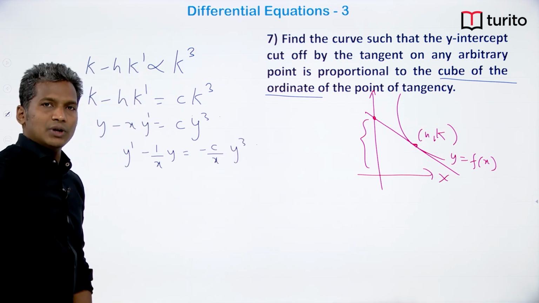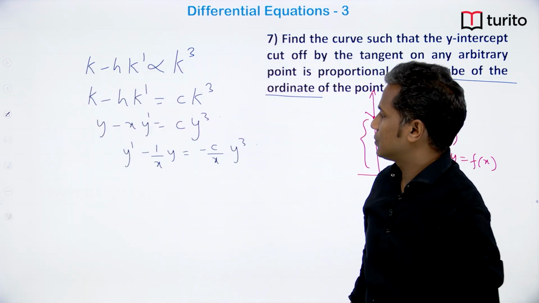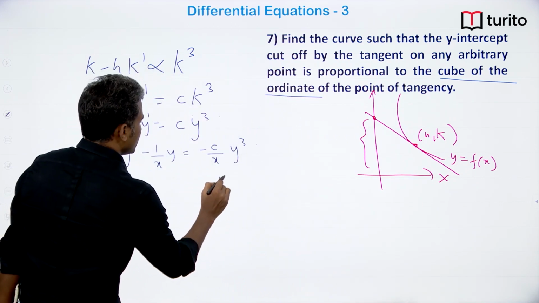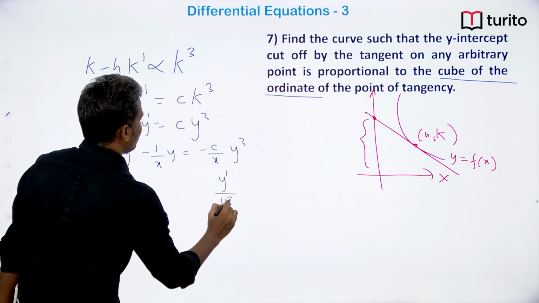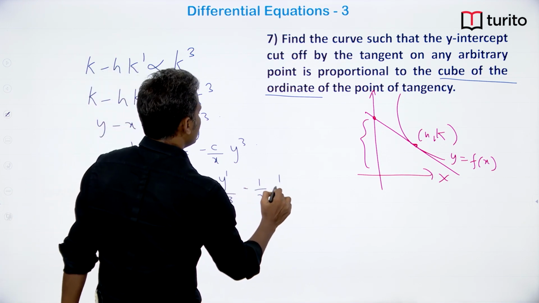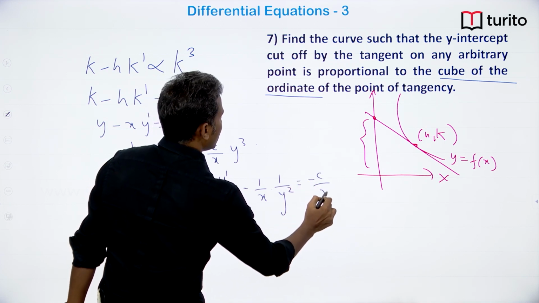Now this is convertible to a linear differential equation form. So we have to divide by y cube. When we divide by y cube, what happens? We get y dash by y cube minus 1 by x into 1 by y square is equal to minus c by x.